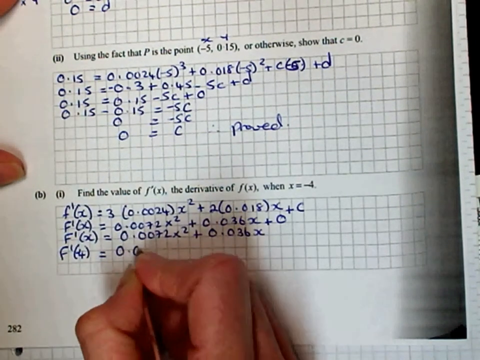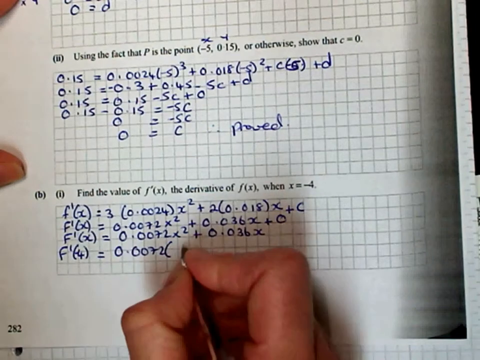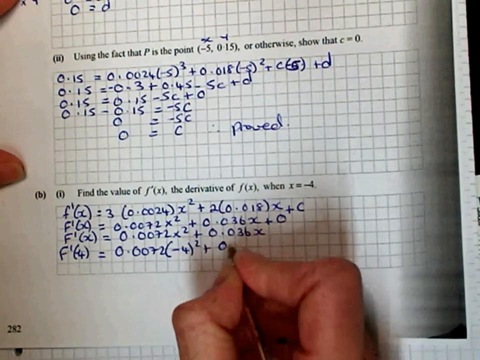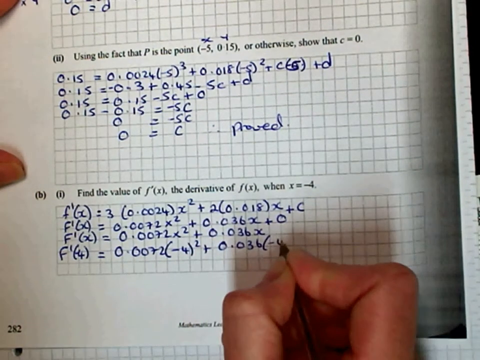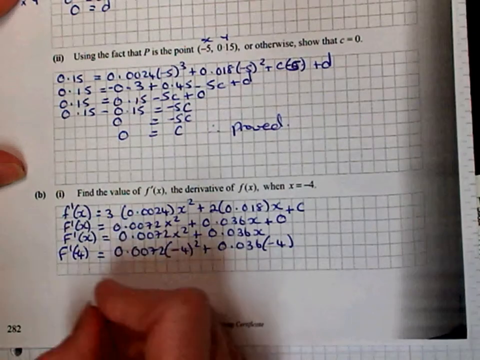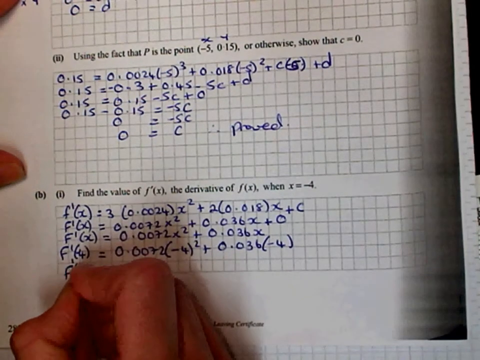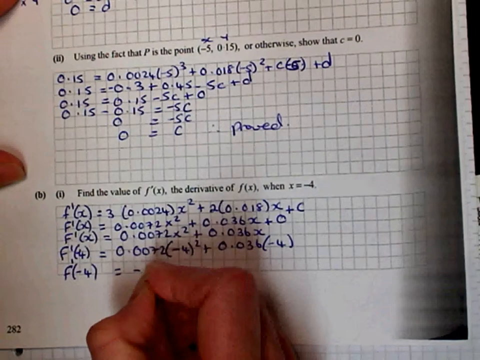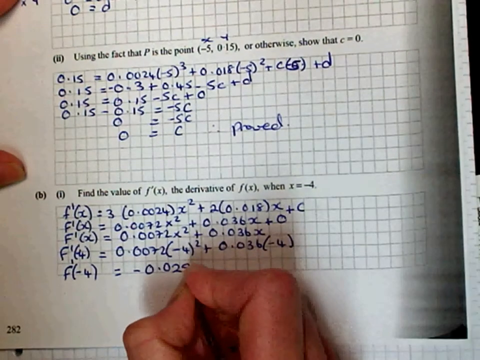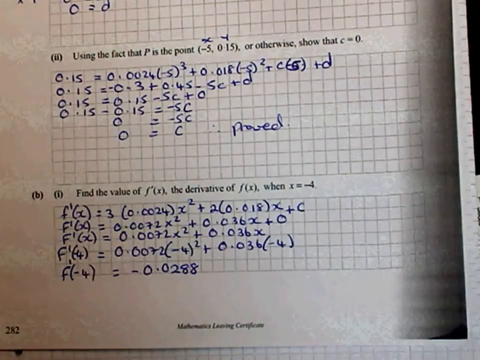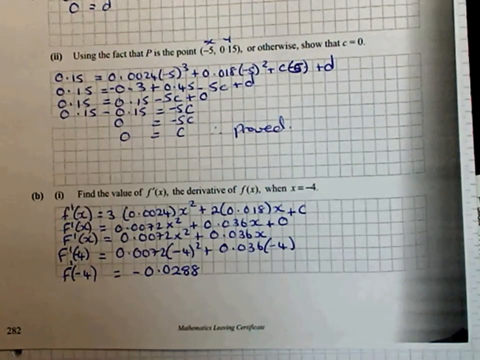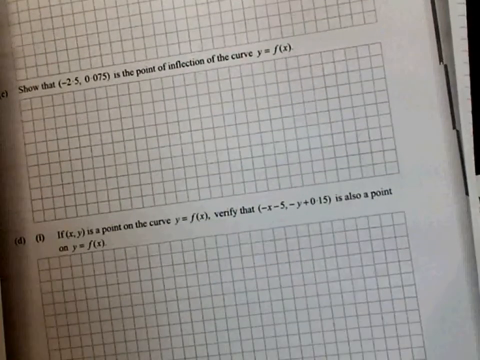So that's 0.0072 by minus 4 squared plus 0.036 by minus 4, and that works out to be f dash of minus 4 is minus 0.0288.